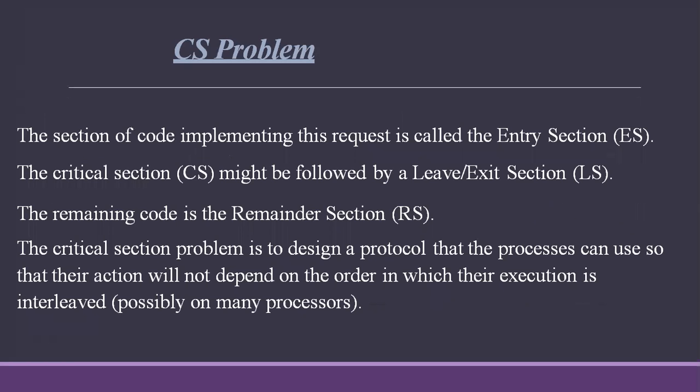The section of code which implements this request is called the entry section. The critical section might be followed by a leave or exit section. The remaining code is in the remainder section, and the critical section problem is to design a protocol that the processes can use so that their action will not depend on the order in which the execution is interleaved.